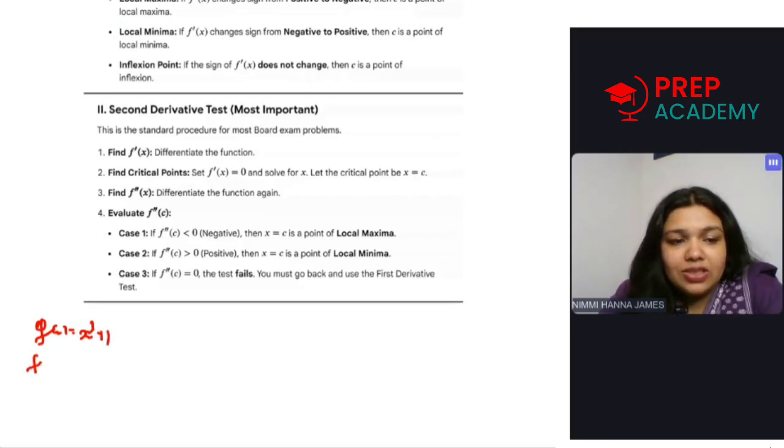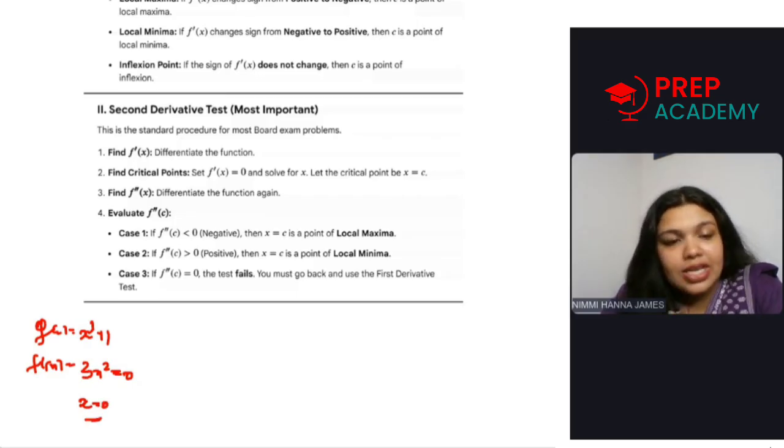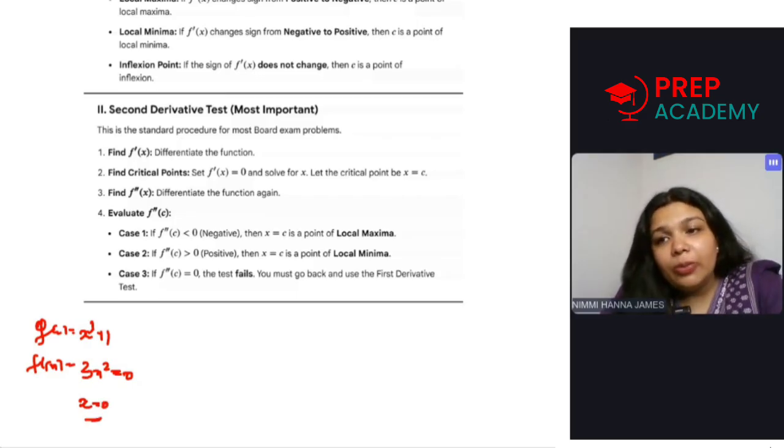For the second derivative test we find f dash of x, which is 3x square, and f dash of x equal to 0 means x is equal to 0. So x equal to 0 is the critical point. After finding the critical point, we have to find the second derivative. First we check if the second derivative test works.